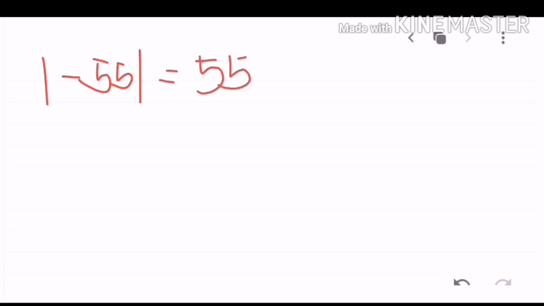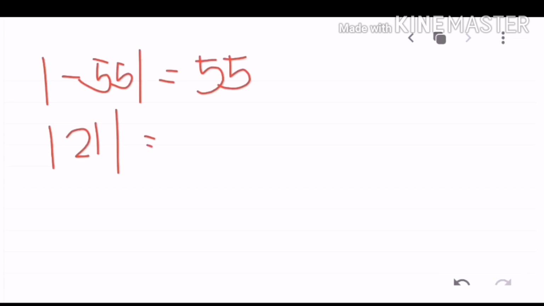Okay, so now what about the absolute value of negative 55? Just simply take its positive form, that is positive 55. So therefore, negative 55 is 55 units away from 0. Now what about the absolute value of positive 21?